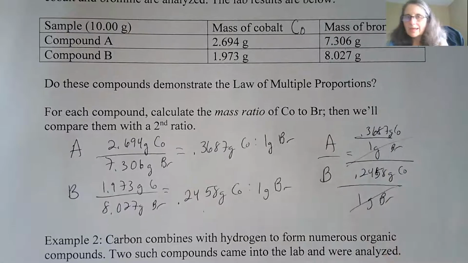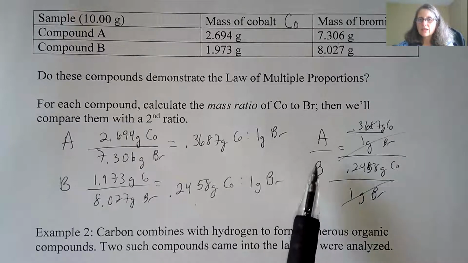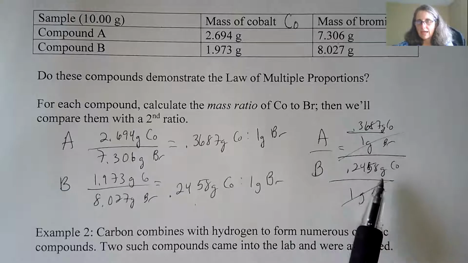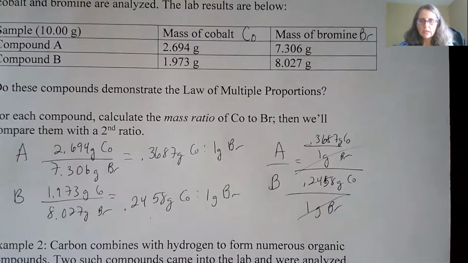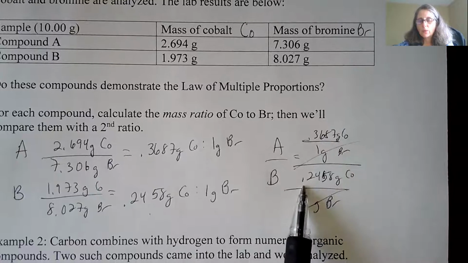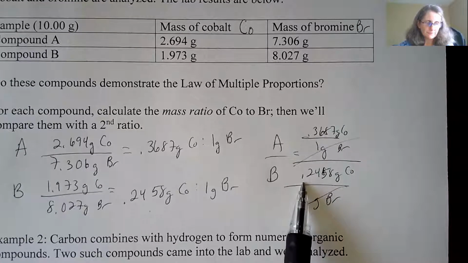So the grams of bromine cancel, and you're just left with 0.3687 divided by 0.2458. So take out your calculators and see if you can divide 0.3687 by 0.2458.